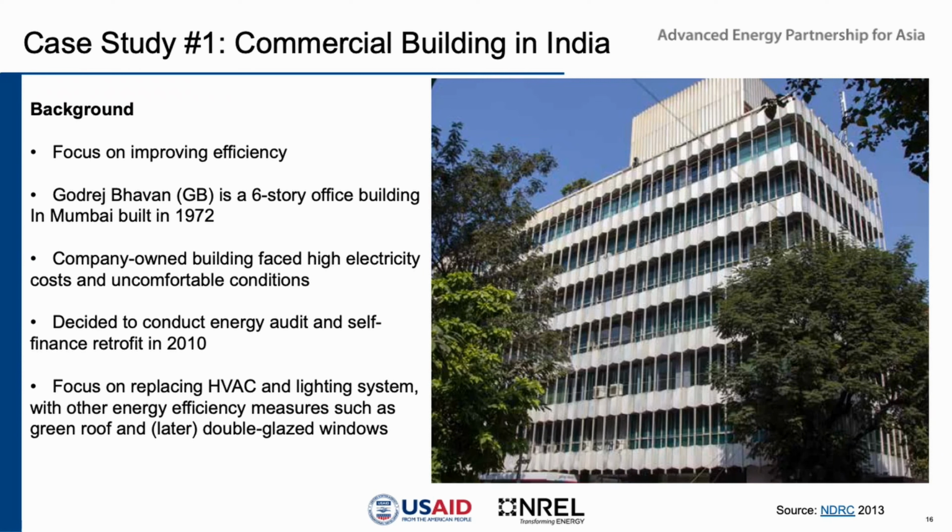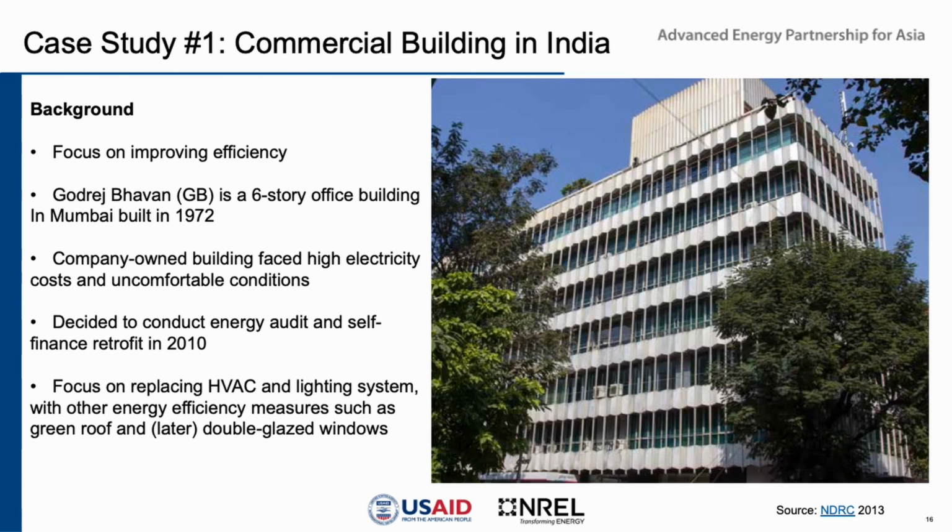And the important part of this is that in India, for a lot of commercial buildings, they pay a lot for electricity compared to residential consumers. And so the owner of the building self-financed all of these energy efficiency measures that they installed over time.